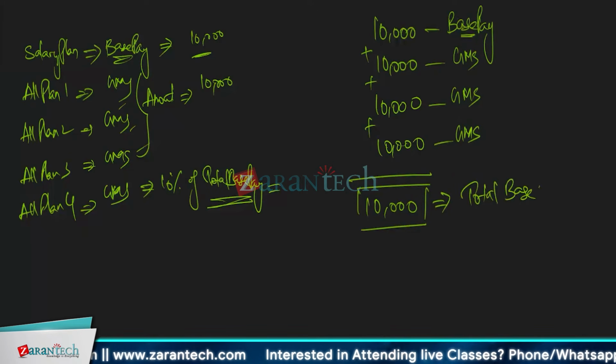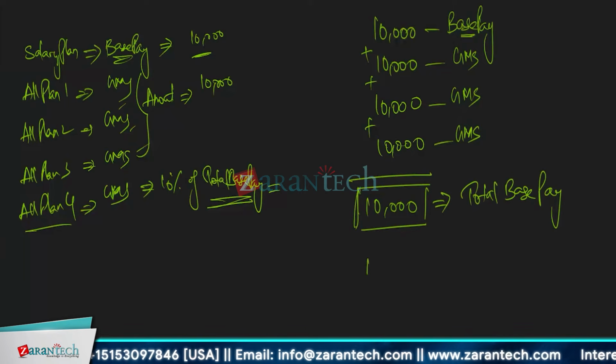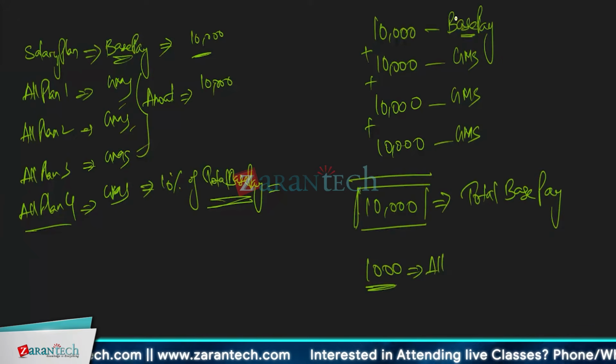Did you understand this? So allowance plan 4 is 10% of total base pay. So 10% of 10,000 will be 1,000, which will be the allowance plan 4 amount. You understood?